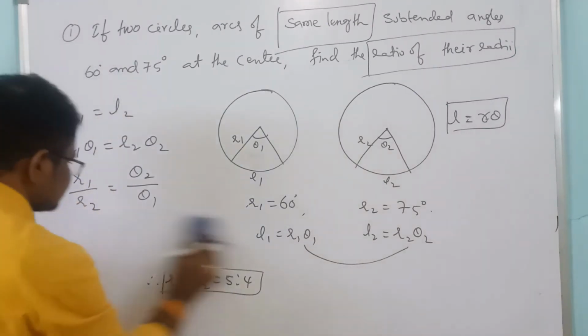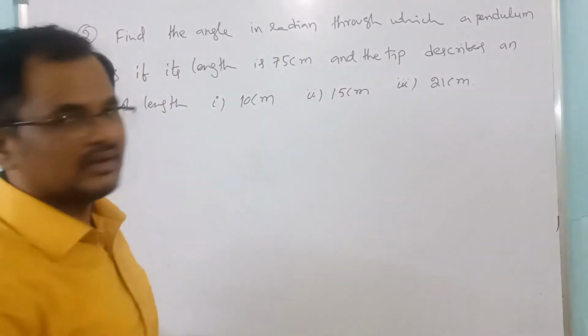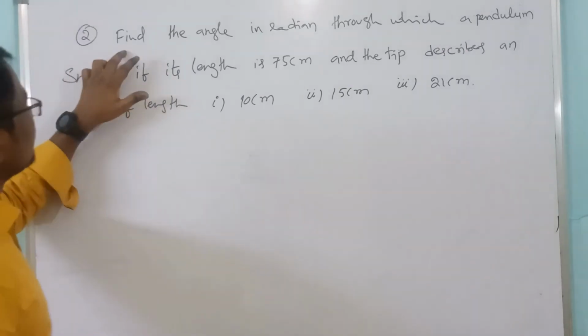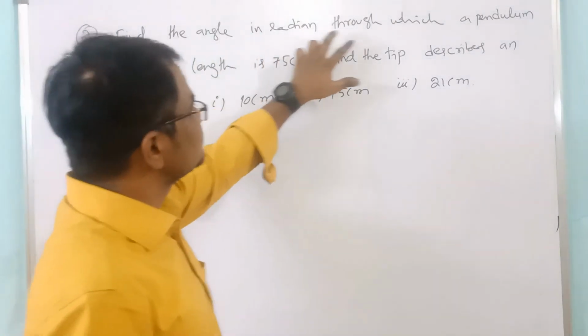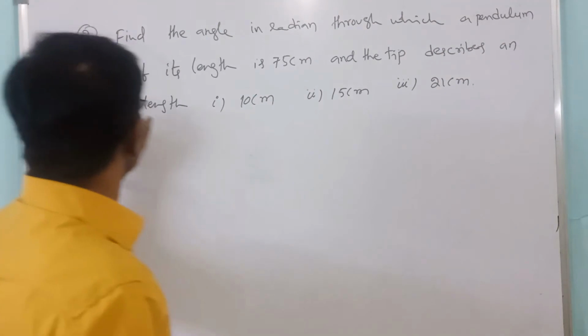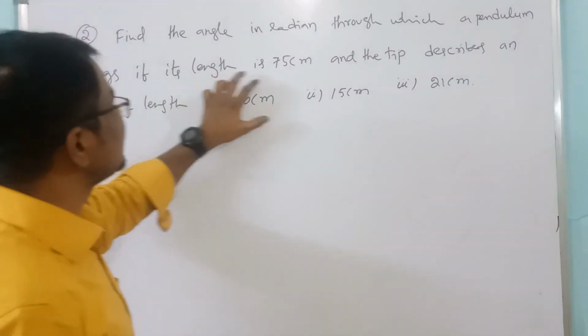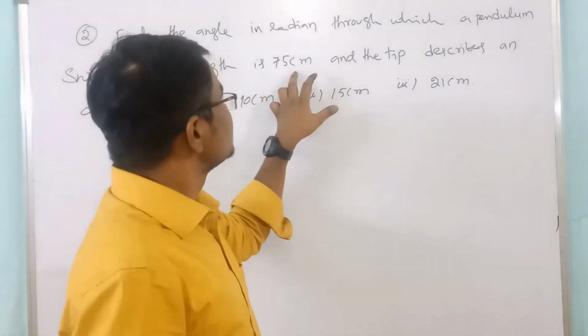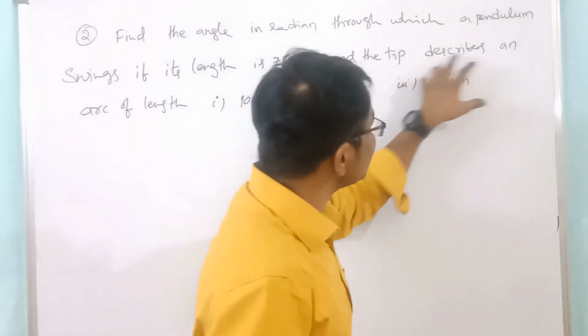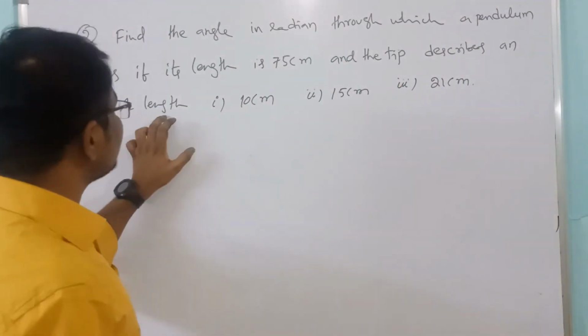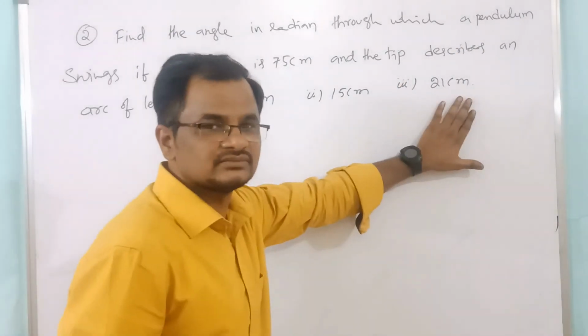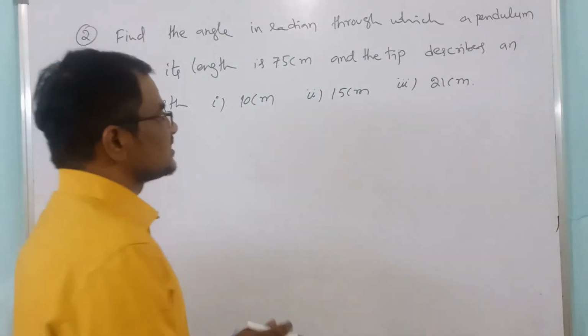Next. See the second problem. Find the angle in radians through which a pendulum swings if its length is 75 centimeters and its tip describes an arc of the length, three of which they have given. Means three problems are there.